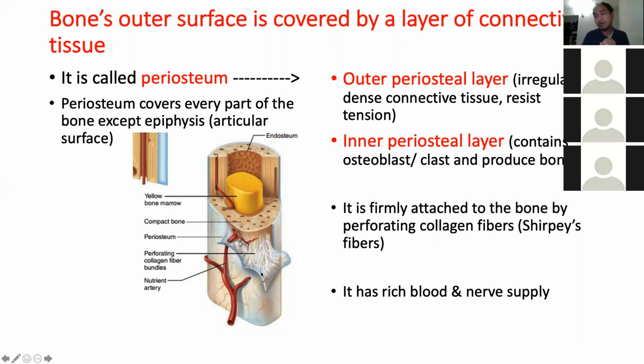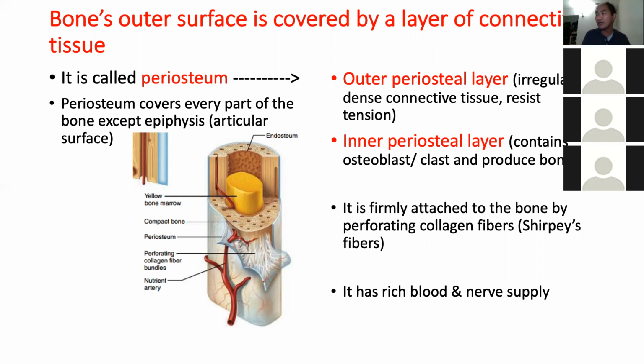And this periosteum is dense connective tissue. It is even thicker in children. There is an outer periosteal layer and an inner periosteal layer. The outer periosteal layer resists tension, meaning bending.